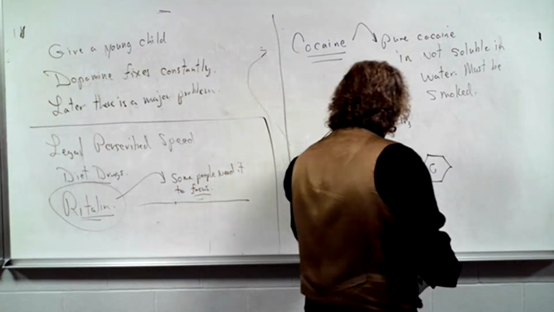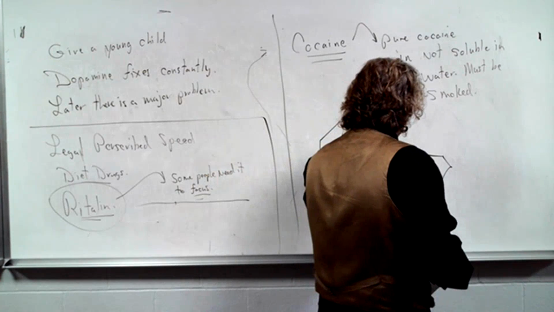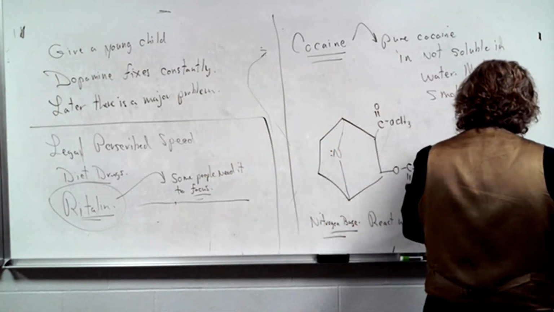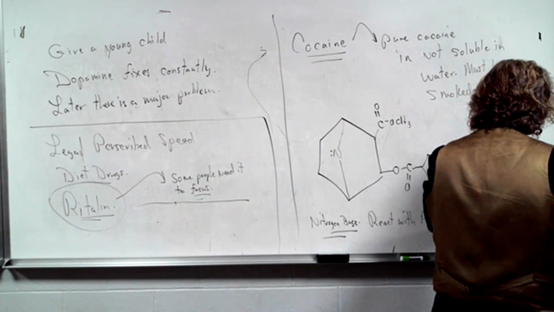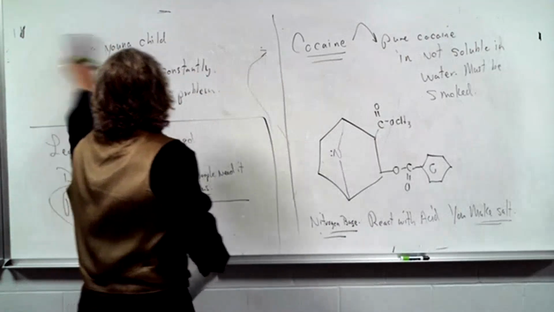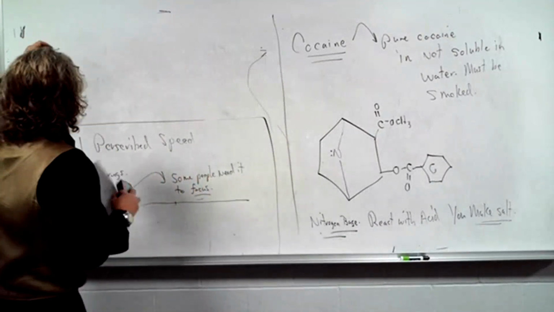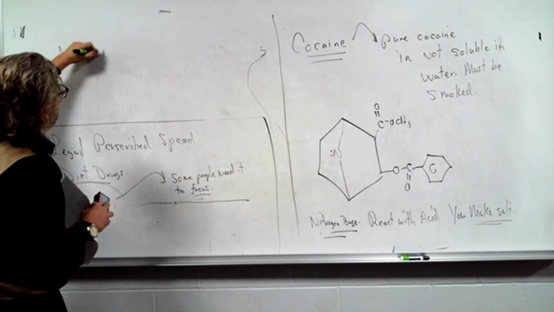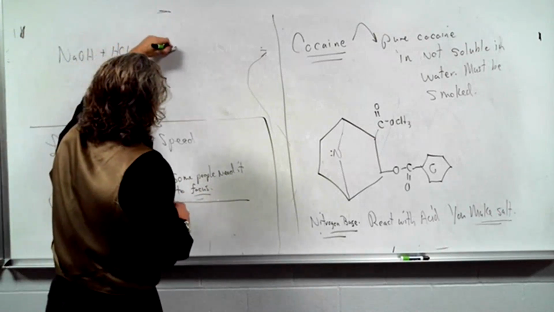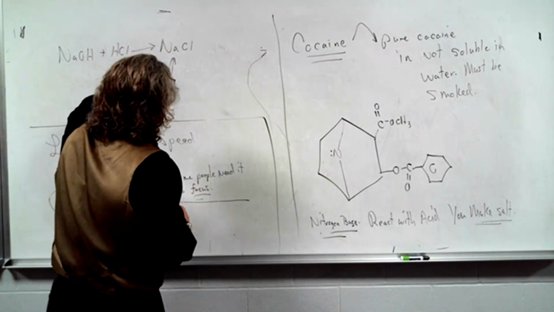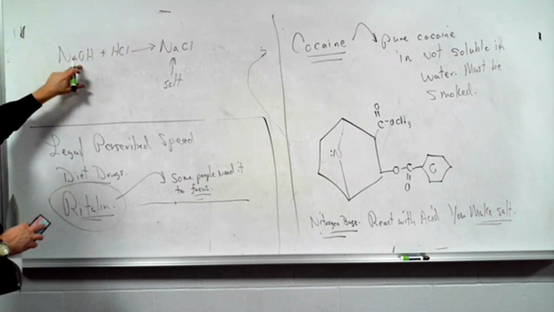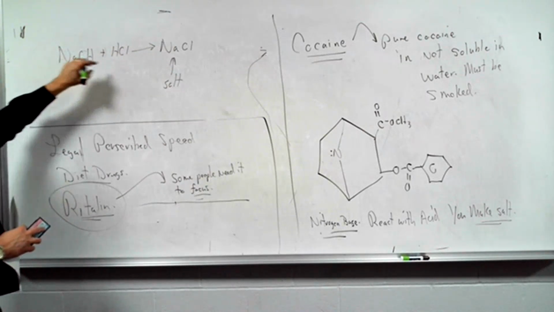If you react with acid, you make salts. So where am I going with that? If somebody had NaOH, a base, plus HCl, an acid, you make NaCl, the salt. Take off the H, put it here to make water, put the NaCl.